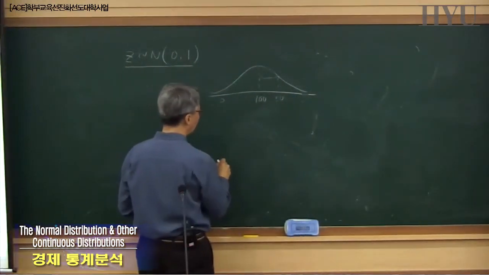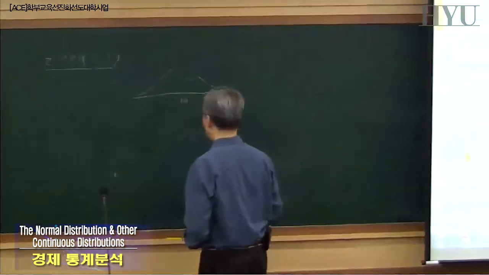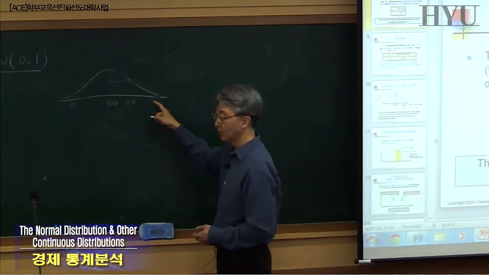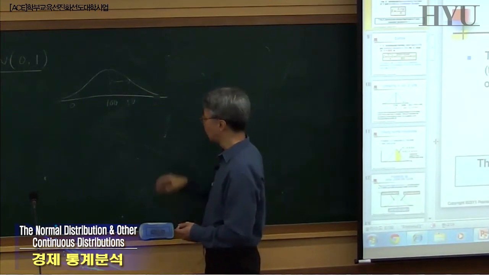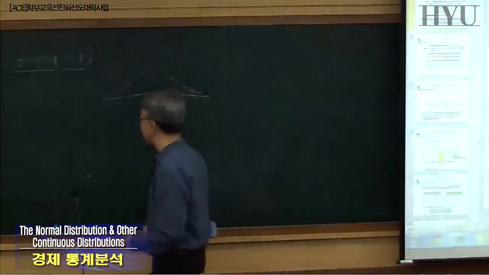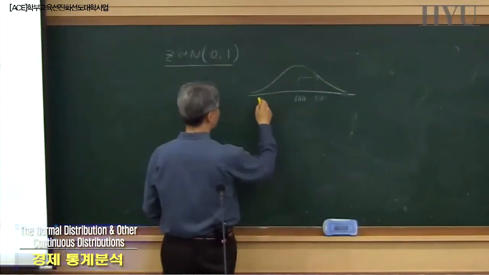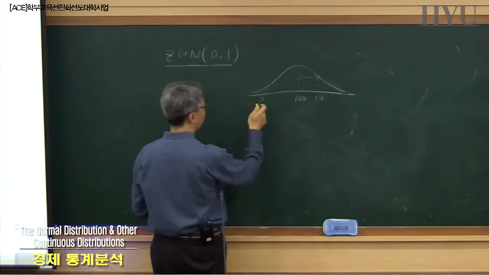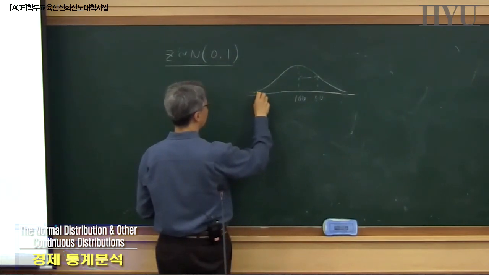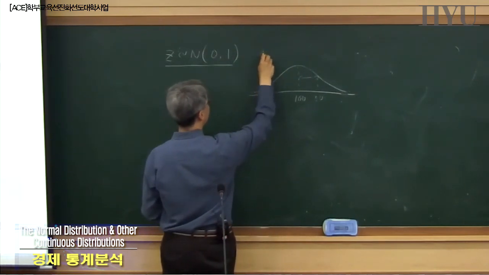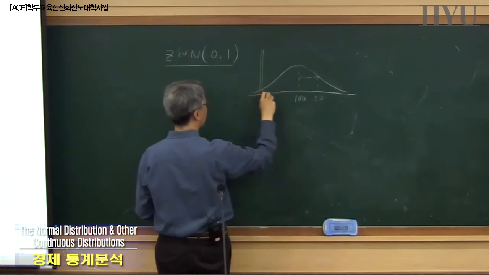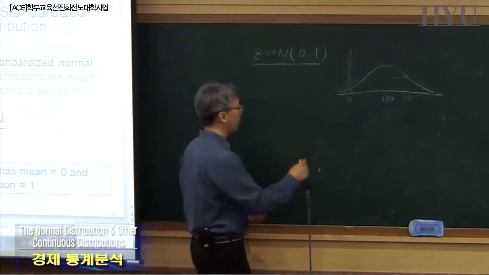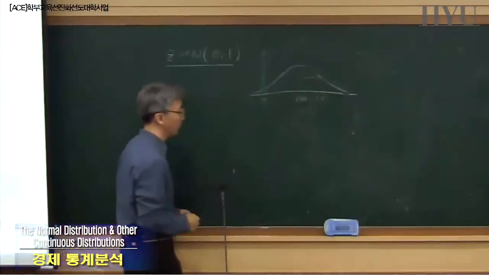Now we need to translate this normal distribution into the standard normal distribution. The standard normal distribution has a mean value of 0 and standard deviation of 1, so actually, it's going to be very narrow on this scale. It's going to be a lot taller than this distribution.